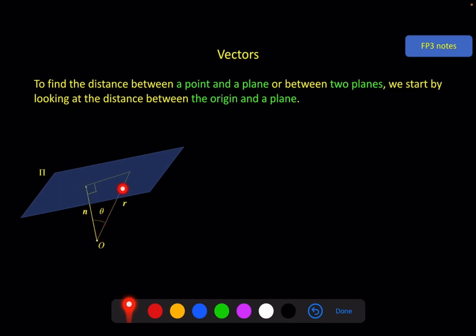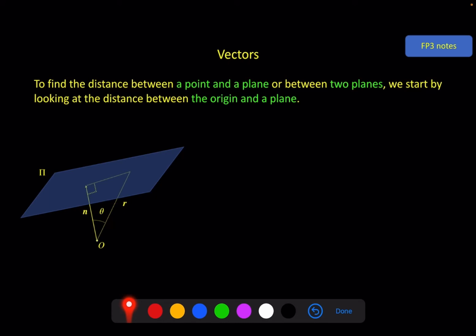And then any other vector on the plane r takes us to the general point on the plane, and that will always form a right-angled triangle because this will always be the normal. So this is your usual r minus a, and in this case a happens to be at the foot of the perpendicular. And of course we get the angle there, theta, which we probably don't know.